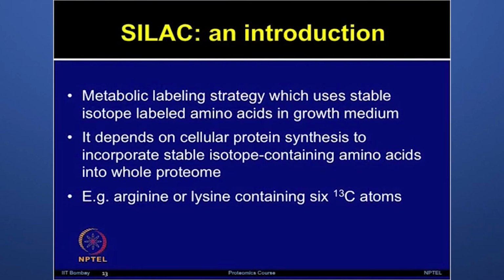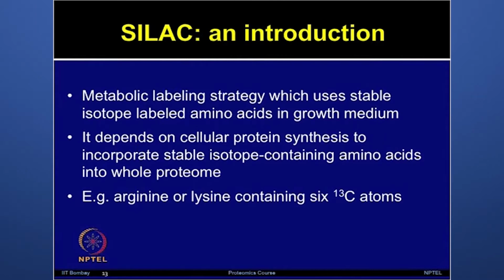So, SILAC is a metabolic labeling strategy which uses stable isotope labeled amino acids in the growth medium. This experiment depends on cellular protein synthesis to incorporate the stable isotope containing amino acids into the whole proteome.